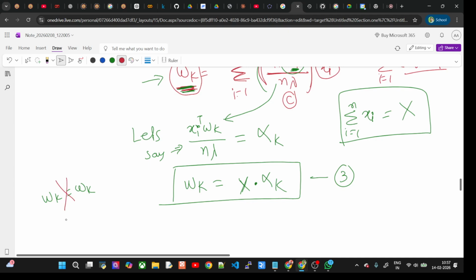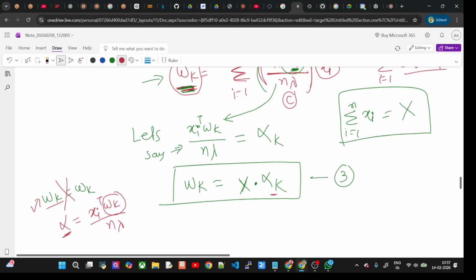You said that alpha is equal to xi transpose wk into n lambda. So we need to calculate wk, and this depends upon alpha, and alpha also depends on wk. This means you cannot calculate alpha using wk, because we don't have wk.